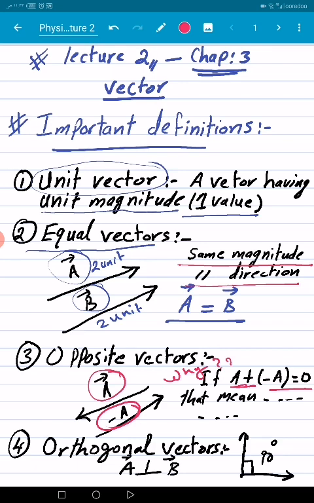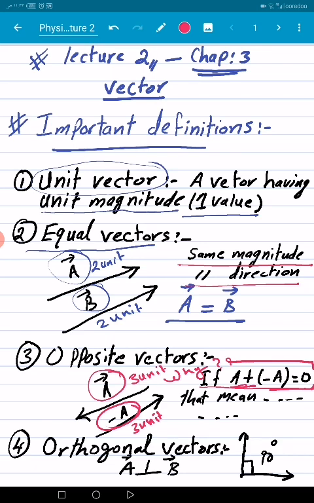Because factor A has the same magnitude, for example 3 units, and minus 3 units, so it is the same in magnitude but opposite in direction. So with the same magnitude and opposite direction, the result of adding these two factors is equal to 0.